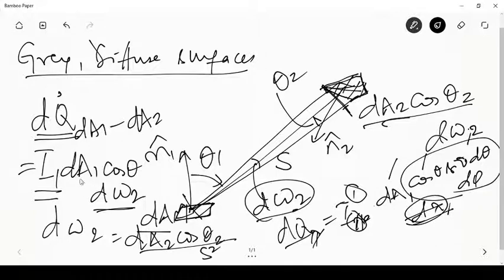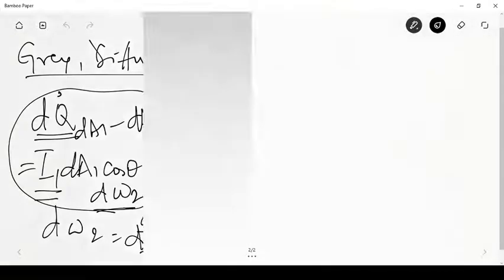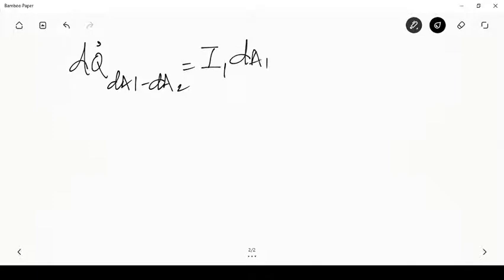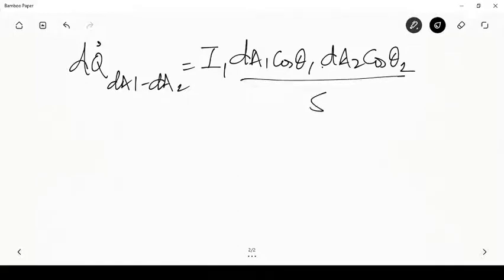If I substitute that into this expression, then what do I get? I get dq dot from dA1 to dA2 equal to I1 dA1 cos theta 1 into dA2 cos theta 2 divided by S squared.